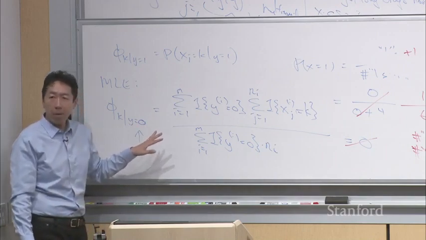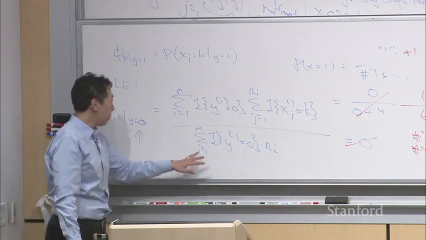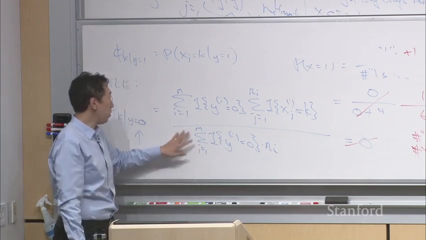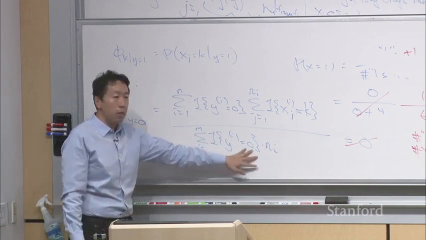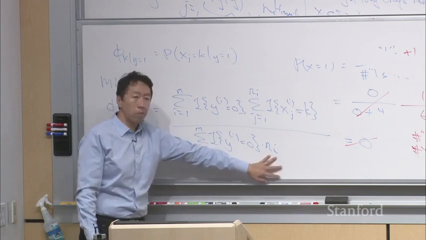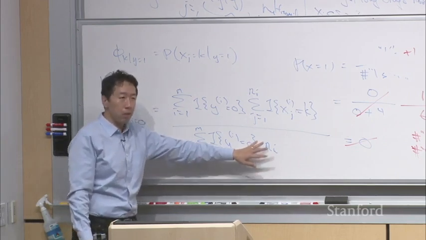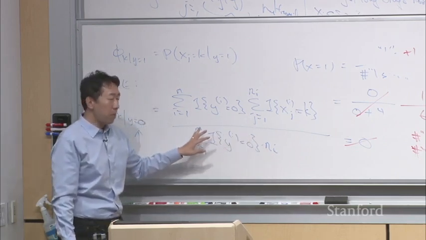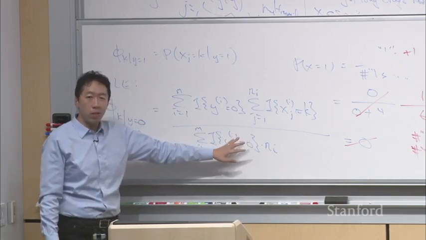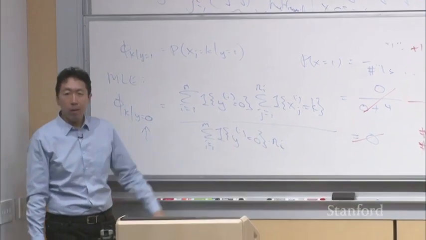And so in math, the denominator is the sum over your training set of the indicator that it is not spam, times the number of words in that email. So the denominator ends up being the total number of words in all of your non-spam emails in your training set.